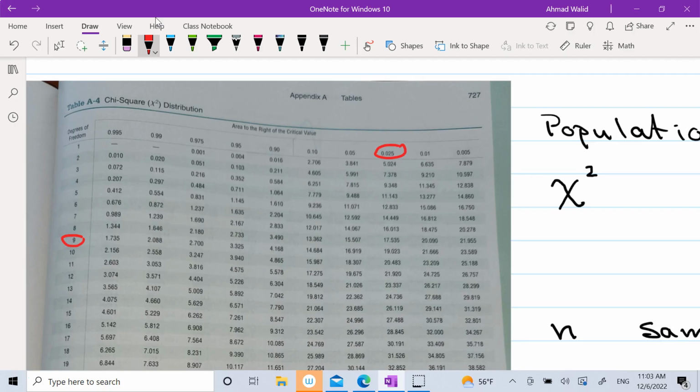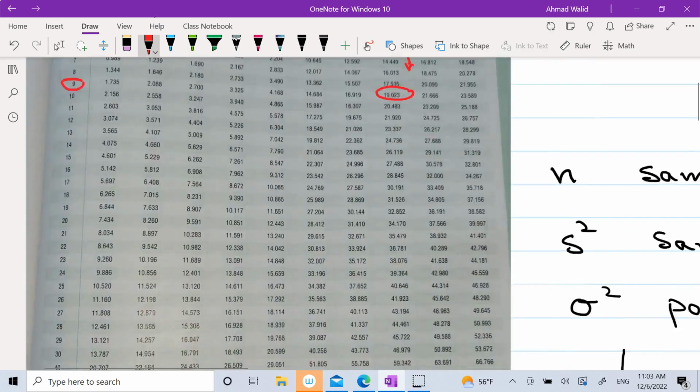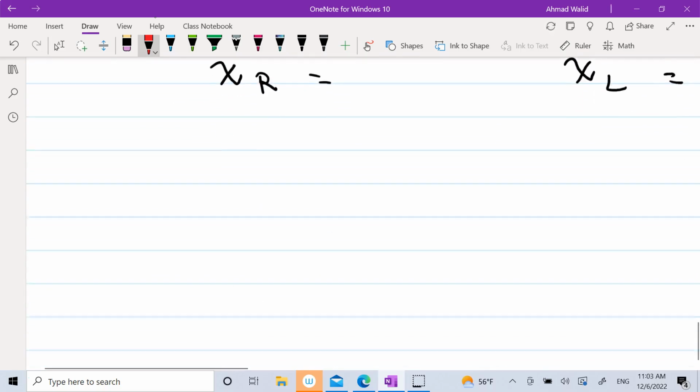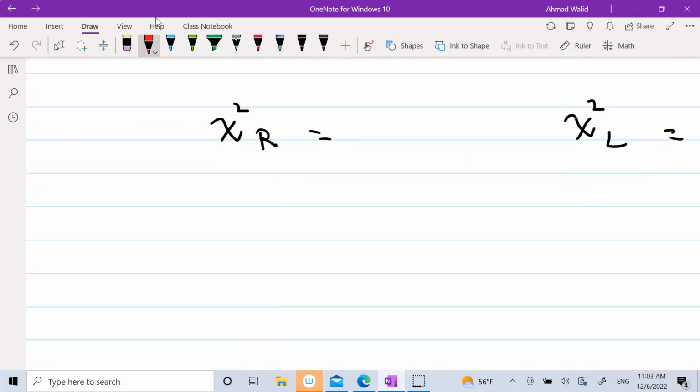If you come down this way and if you go this way, your chi squared to the right will be 19.023.